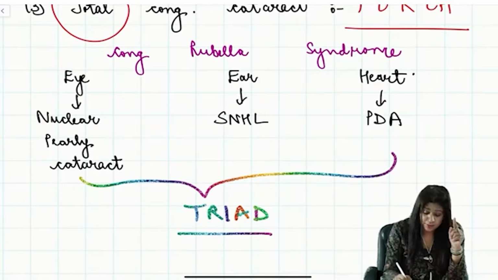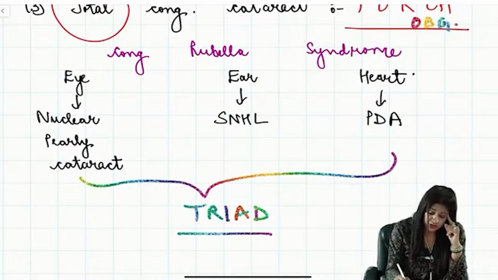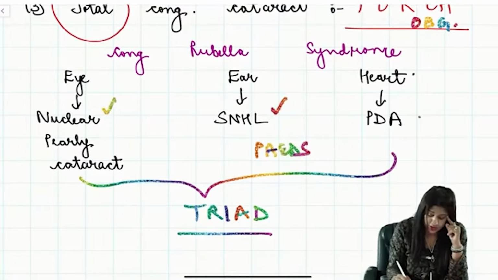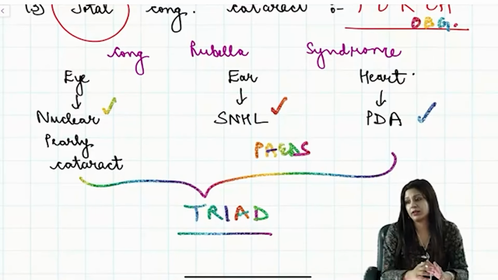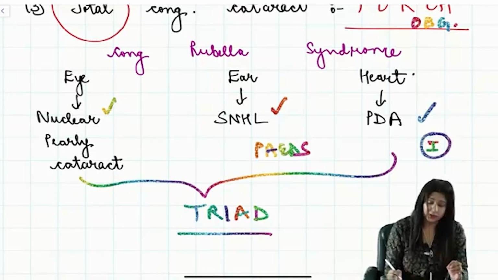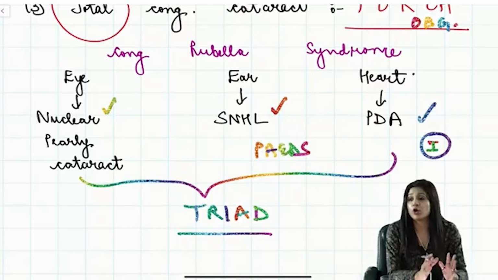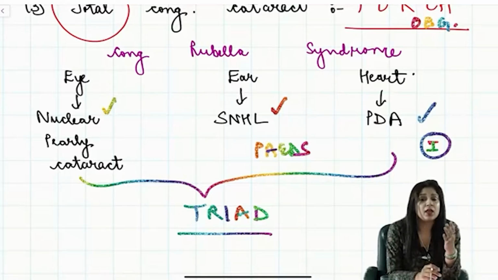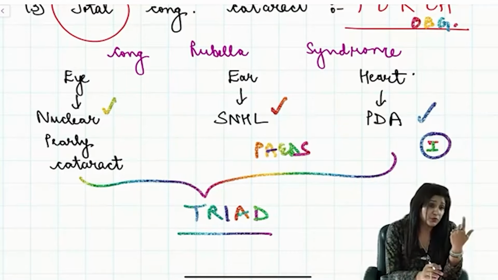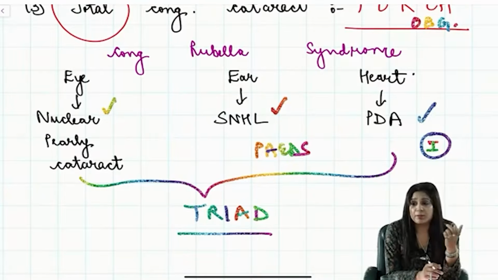So again, here the TORCH group of infections is from OBG, congenital rubella syndrome from pediatrics, cataract from eye, hearing loss from ENT, and PDA from heart. So many systems are involved, so the total clinical scenario can come. That is why I am writing it all over this. It means an integrated question, a long question can come. So while I am teaching you, I will also tell you from which area you can get a long scenario type of question, because so many systems are involved. In OBG the mother had fever with rashes, in pediatrics there is multiple organ involvement, in ENT there is hearing loss, in eye there is cataract, so many things are there.